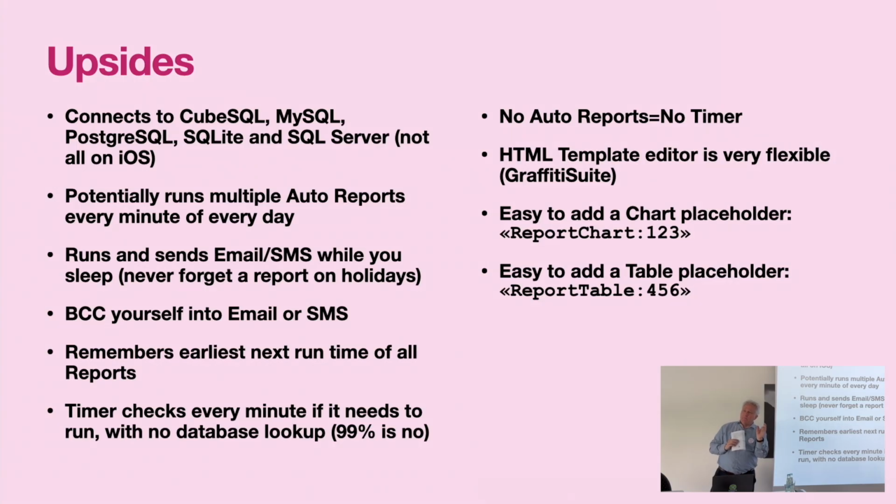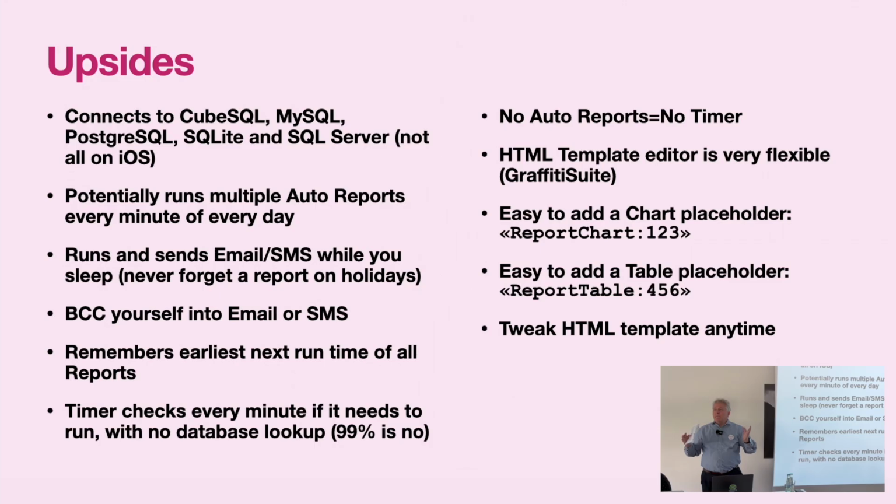It searches for that particular type of text, and if it finds it, it will run and import that particular table or chart. So in other words, it's quite easy to edit the HTML to bring in other data. It also means, because the HTML editor is separate from all the rest, if you need to update some information on your HTML template, you can easily just edit it, save it, not change anything else. Next time it runs, it will automatically incorporate that new data, that new text or picture or whatever you want.